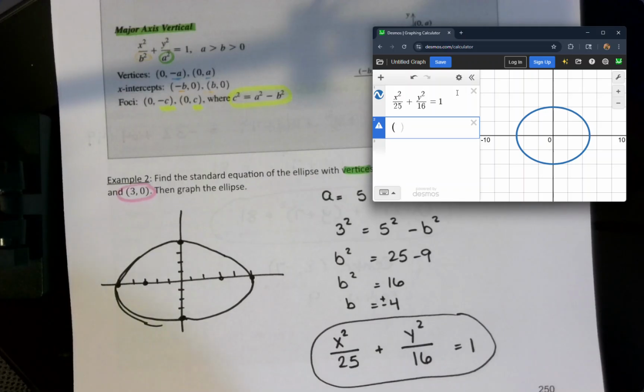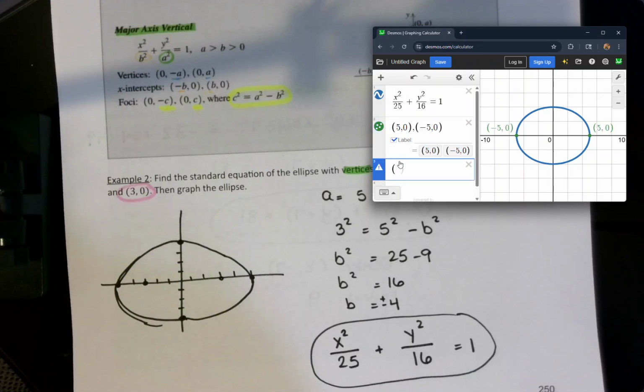And if I graph some of my ordered pairs, I have 5, 0, and negative 5, 0 as the two vertices here, and the foci are inside at negative 3, 0, and 3, 0.